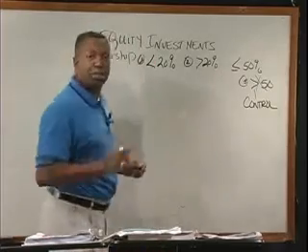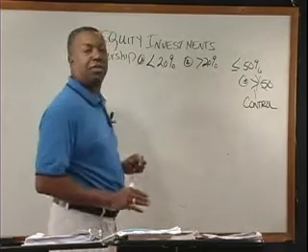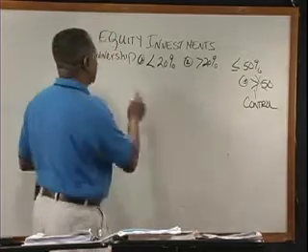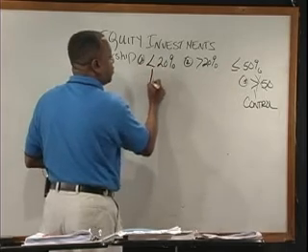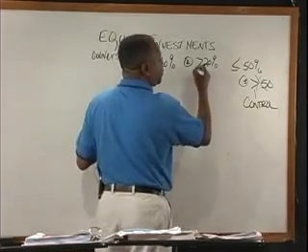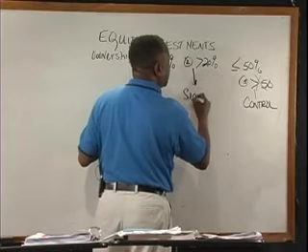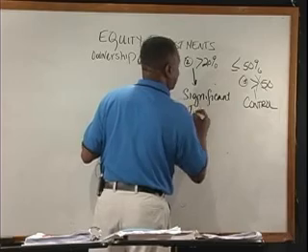But for this module, Module 14, we're going to focus upon the following two circumstances. When the investor owns less than 20%, and when the investor owns more than 20%, which is established for significant influence.